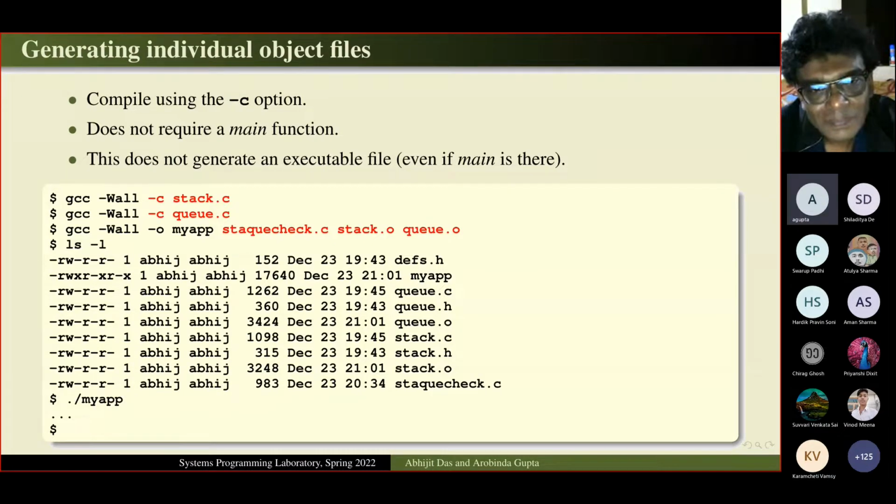Because, for example, if you look at Code::Blocks, you will have some default setting for GCC set there. First of all, you have to select GCC. There's MinGW, which is equivalent to GCC. And then there's a default setting. Now, if the default setting says to compile like this, then if you look at this listing, you can get both the .o files and the .c files. But if I just directly said gcc, Abhijit, can you just go back one slide?